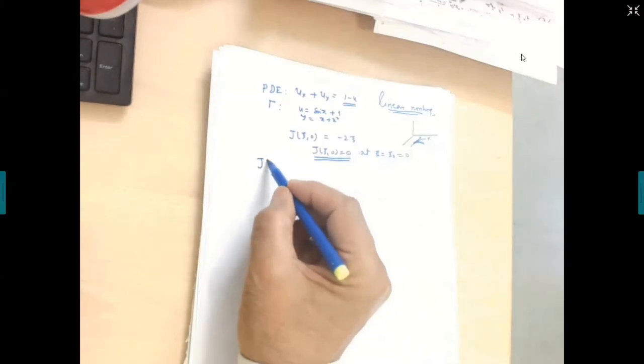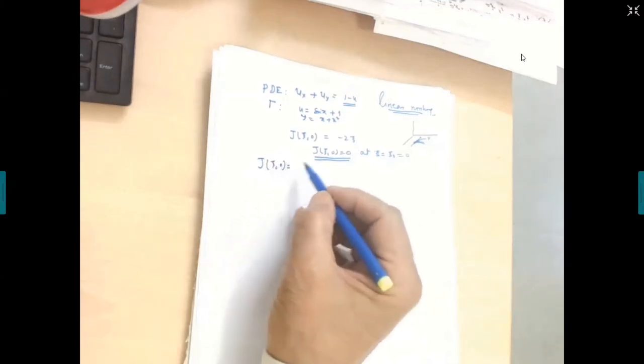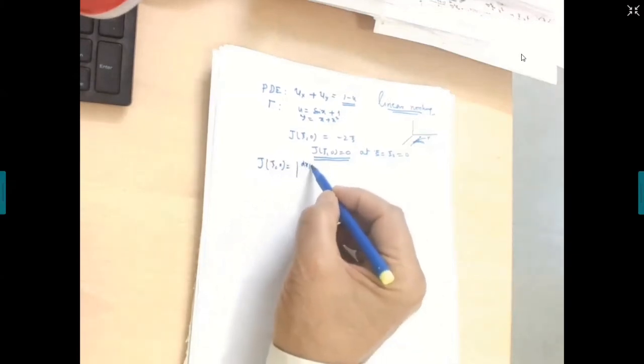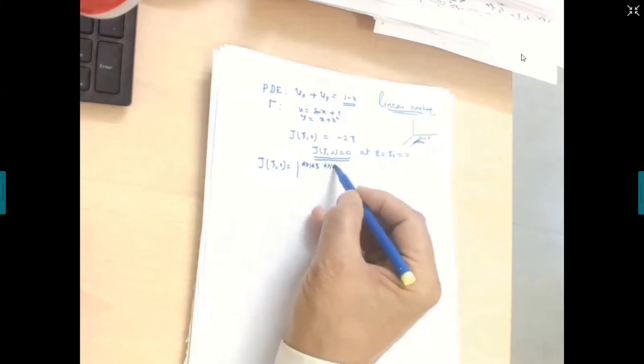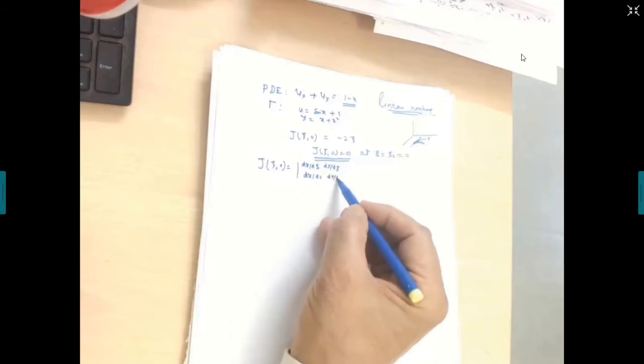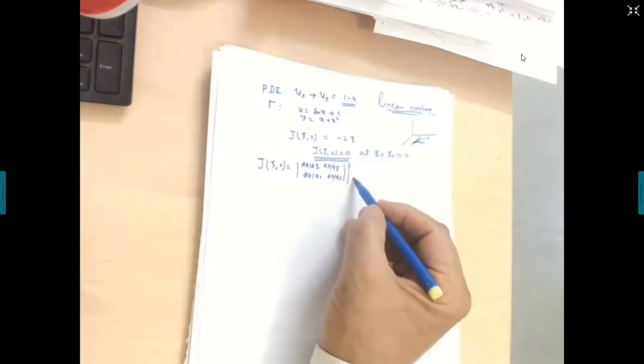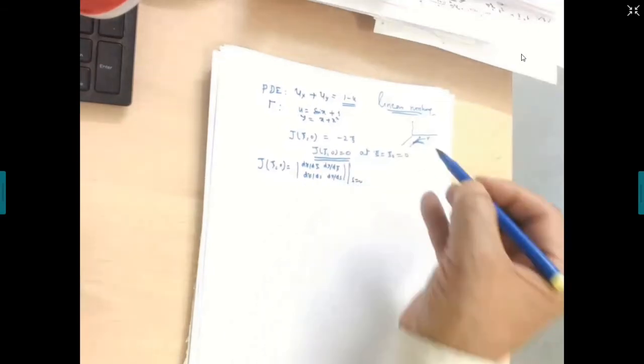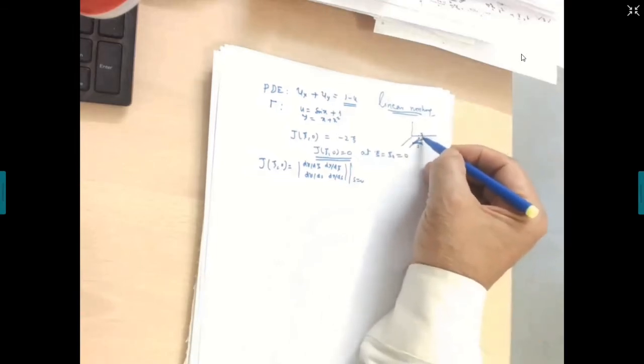What is J of xi naught? This is your dx d xi, dy d xi, and dx ds, dy ds, at s equal to 0. S is the distance measured along this. Xi is the parameter, not necessarily distance.